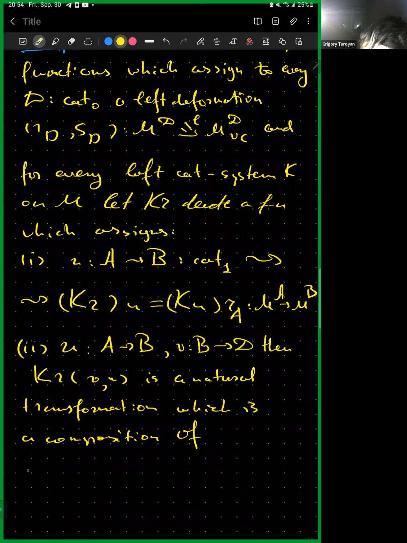So we take KR V, compose it with KR U, and by definition it is the same thing as this composition of deformations and induced functors between diagram categories.